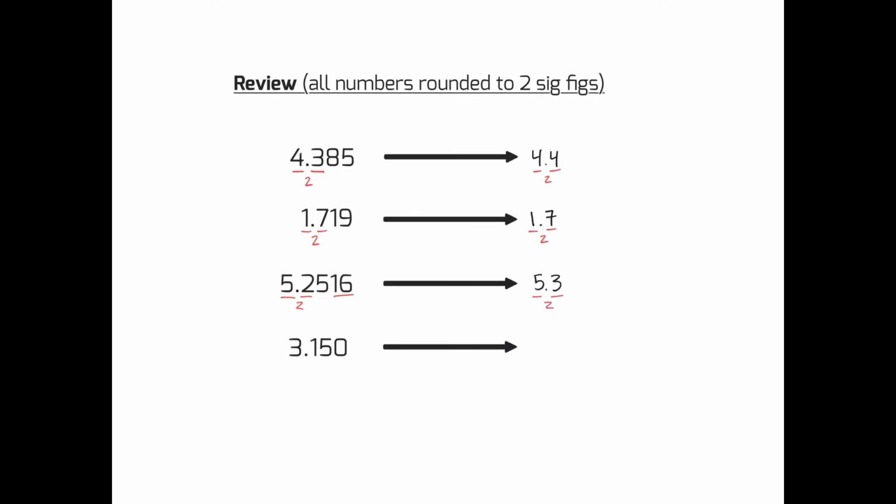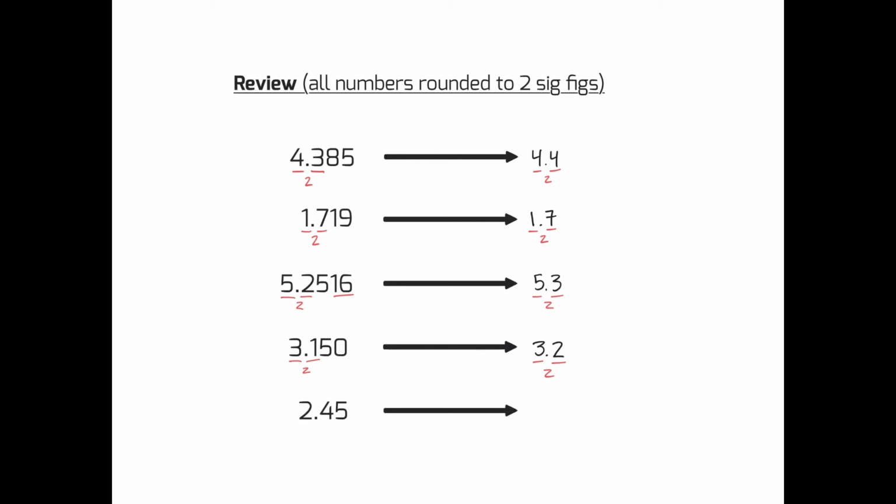In this next example, we're rounding 3.150. We count off 2 sig figs. Our next number is a 5, and that 5 is followed by a 0, which means we have to look at the number before the 5. In this case, we have a 1 before the 5, and because 1 is an odd number, we're going to round this 1 up to a 2. And what we get is 3.2, which has 2 sig figs.